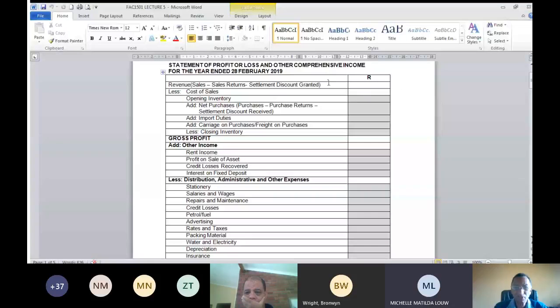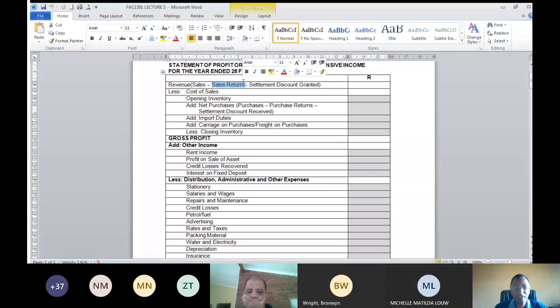So the statement of profit and loss and other comprehensive income starts off with the revenue. We are looking for the revenue amount. Revenue is equal to the sales amount minus the sales returns minus settlement discount granted.